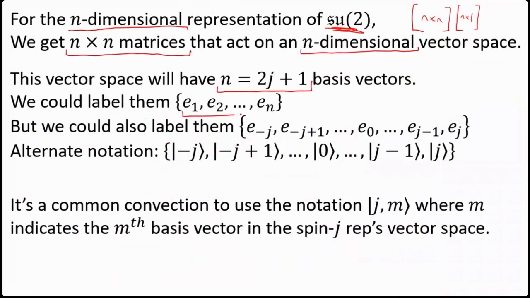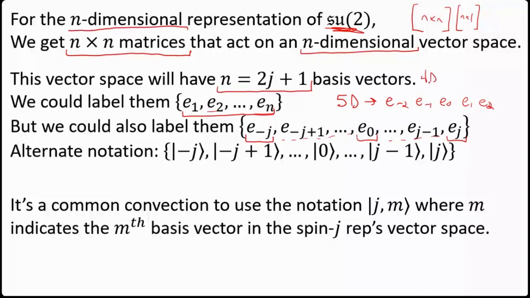We could label the basis vectors just E1, E2, all the way to En. But another common way of labeling them is you start at -j, and then you work your way up to 0, and then you get up to +j. So for example, if we wanted a 5-dimensional space, we could write the 5 basis vectors as E -2, E -1, E0, E1, E2.